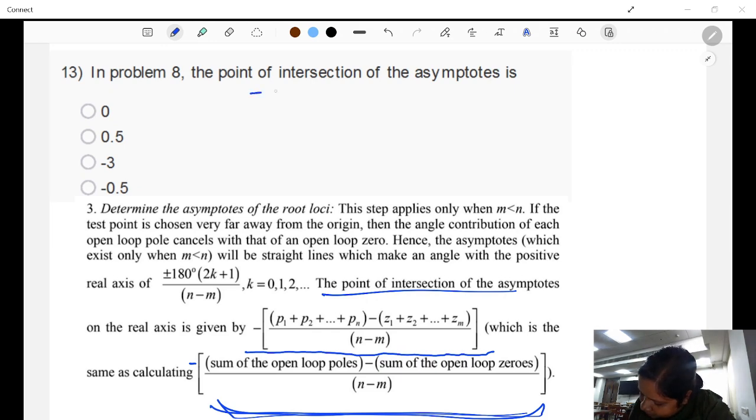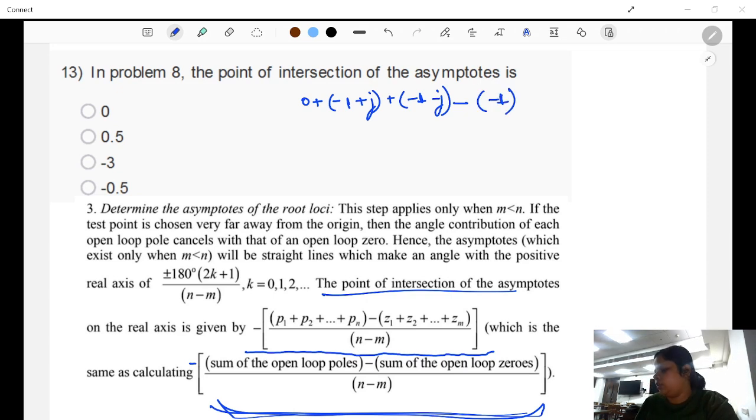It would be the negative of the sum of open loop poles. One of the poles was 0 in our case, one was minus 1 plus j, one was minus 1 minus j, minus of minus 1, because the zero is at minus 1 here.